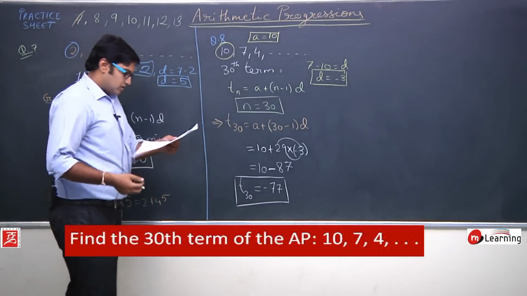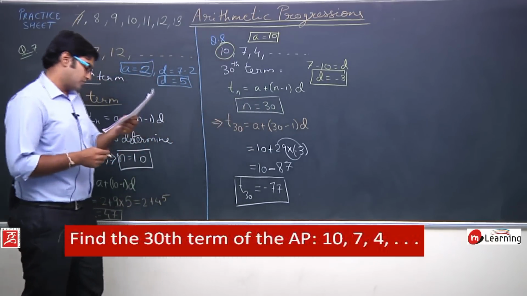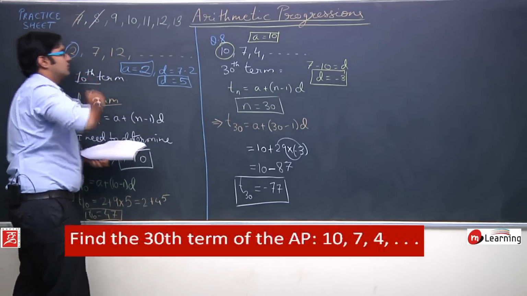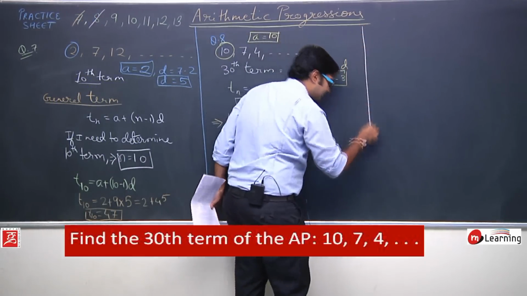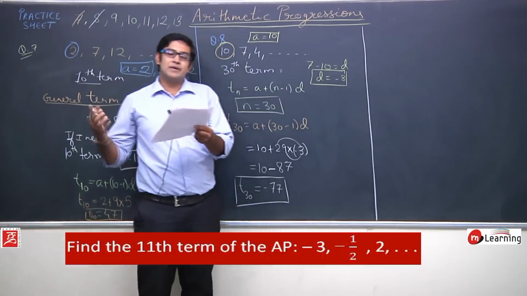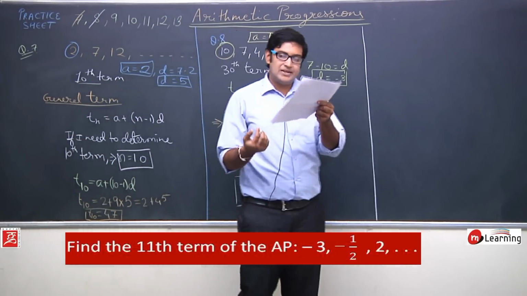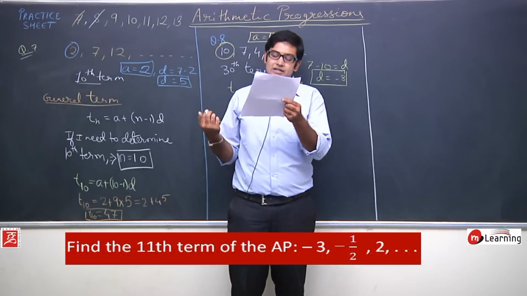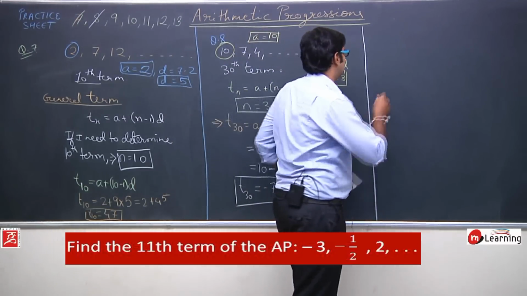Okay. So this is the solution for the 8th question. Now let us discuss the 9th one, a very simple question. The 8th was very simple, the 7th was very simple. Question number 9 says find the 11th term of the AP minus 3, minus 1 by 2, 2 and so on.